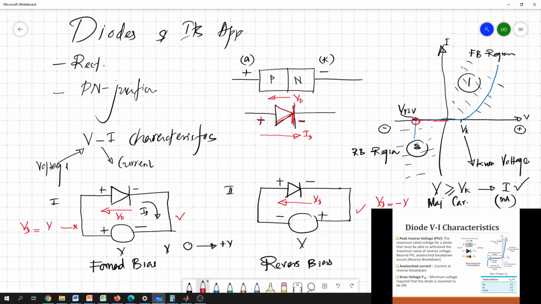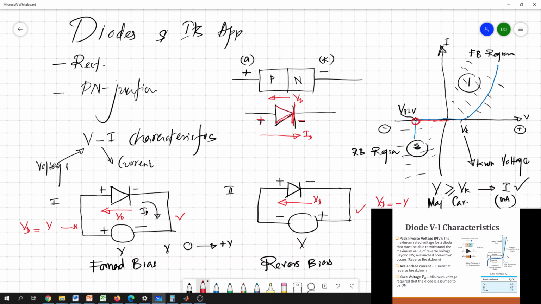Once you apply a positive voltage greater than or equal to the knee voltage, the diode is in forward bias and you can observe a milliampere range current, a current of notable magnitude. If it is less than Vk, the diode current is zero, and the diode is in the reverse bias region.